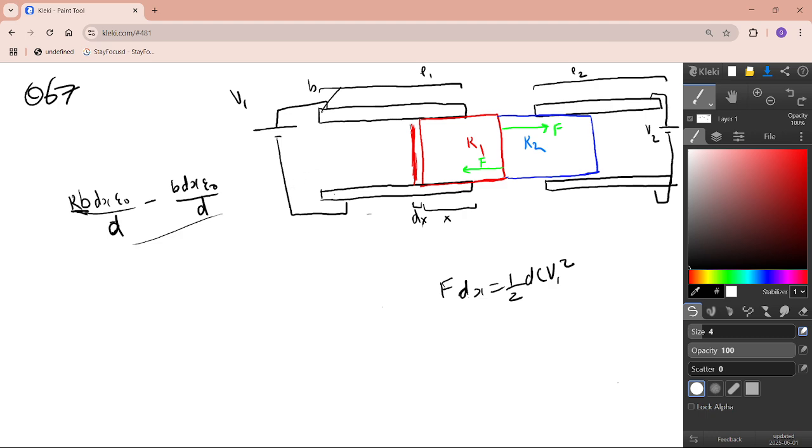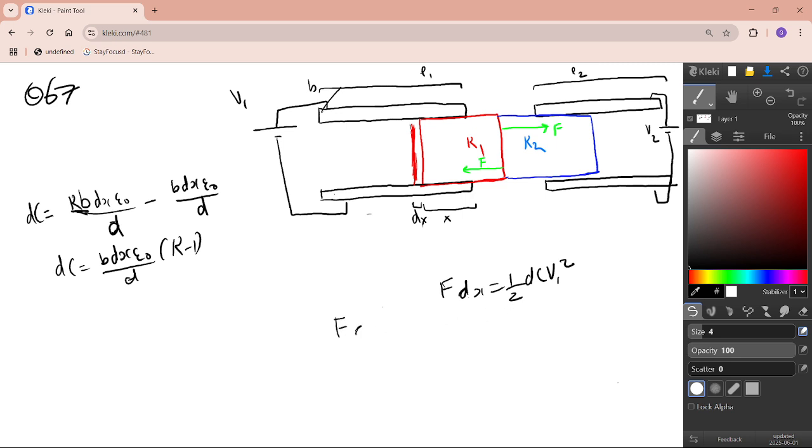If you want to know how, watch my previous video, where I've taken alpha, beta, gamma and explained thoroughly why this works. It can be intuitive if you have solved a lot of questions. The air is getting subtracted, and we just want the change in capacitance. So dC is equal to B dx epsilon naught by d times (K minus 1).